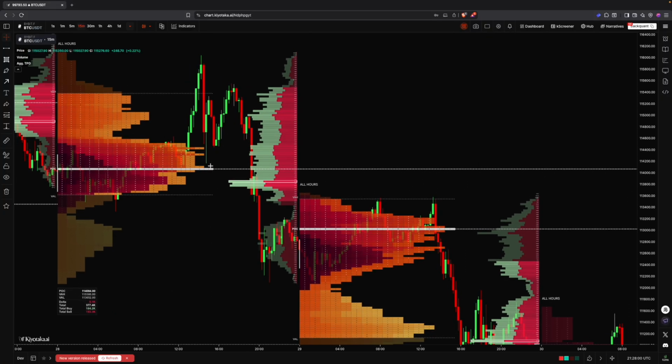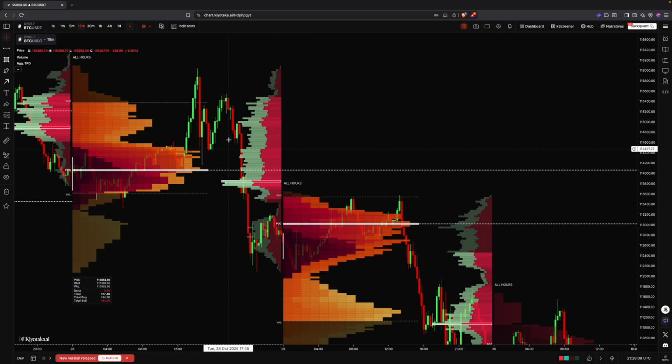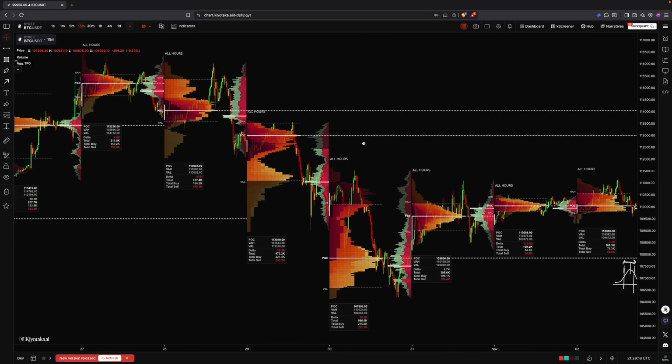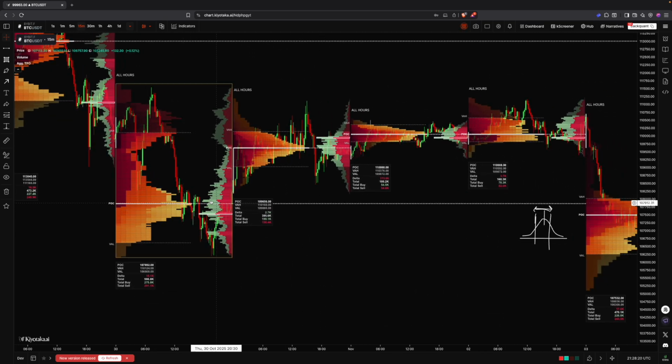A naked point of control is a point of control that has not been revisited after the session has closed, right? So you can see price came down here, this session closed, the point of control was here, and we continued trending lower. We did not revisit that point of control, so it's still considered naked. Whereas this point of control that got revisited over here, it was naked until this point.